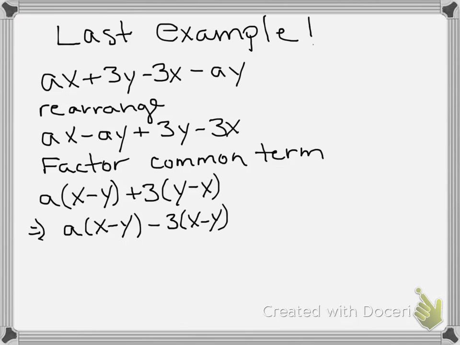Okay? And now we've got a common x minus y in both of these terms. So that allows us to factor out an x minus y from both of those, and we're left with a nice binomial, x minus y times a minus 3.